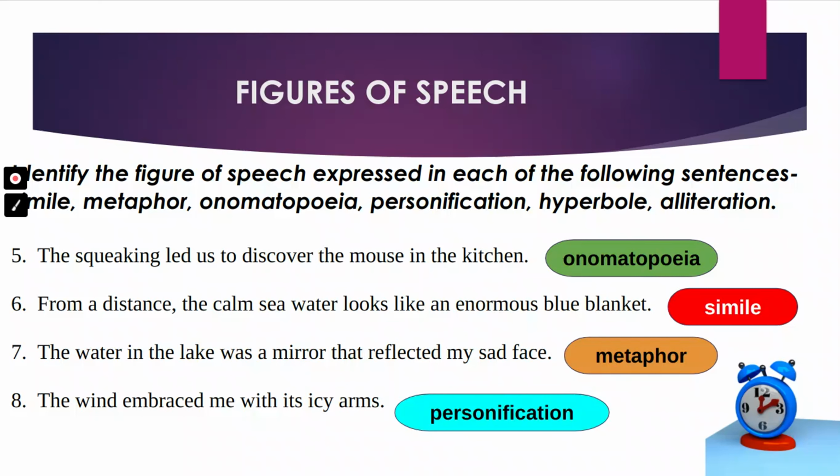Personification, allowing a non-human thing to behave like a person, giving that non-human thing human actions and qualities. The hyperbole, an exaggeration in order to emphasize a point. And then your alliteration, the tongue twisters, like I said earlier, where you have a consonant sound being repeated at the beginning of a series of words.